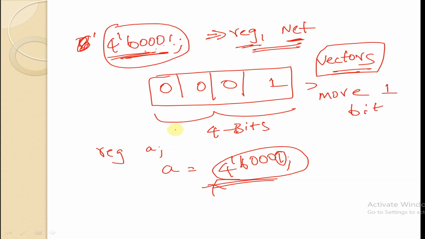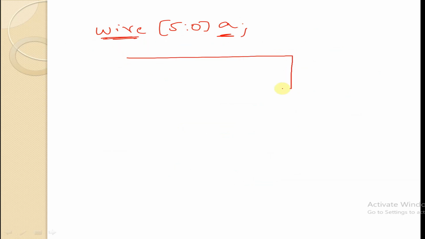And we can also use wires for representing vectors. For example, if we have wire 5 down to 0 A, then A is of type wire, a net data type, which can drive 6 bits. Wire cannot store, right?